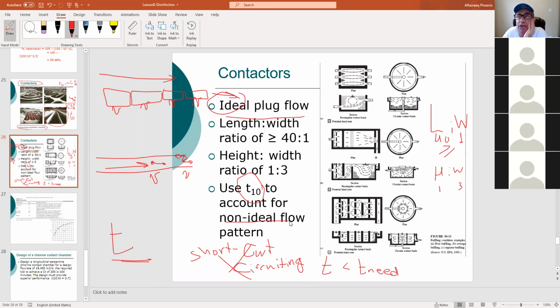So in other words, your effective T actual is not the same as T detention.